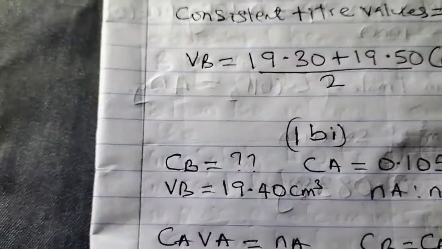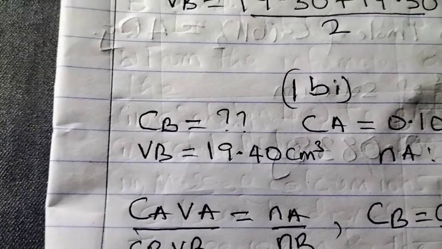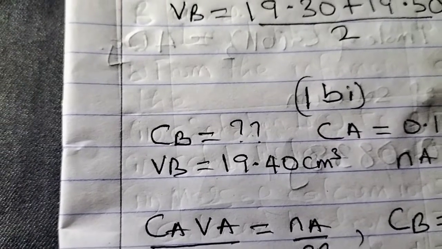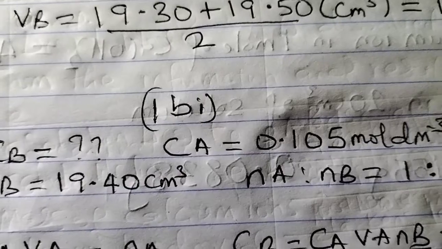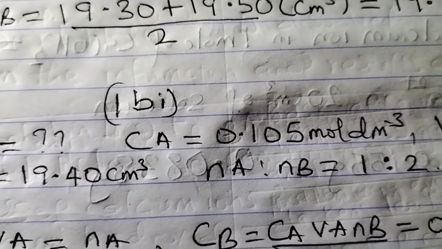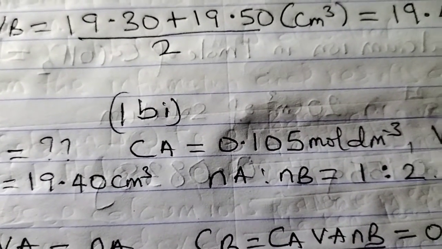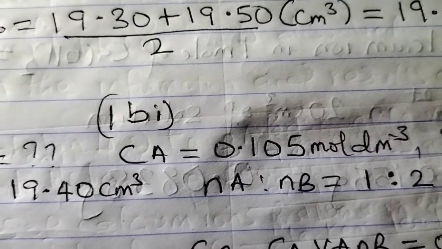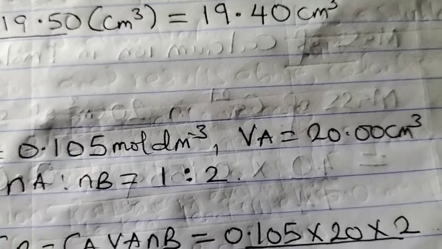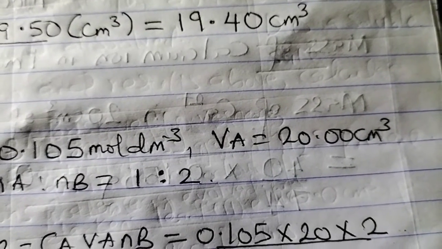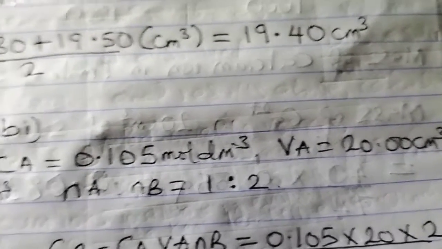So 1BI, we're looking for the concentration of B in mole per dm cube. The symbol is CB. CA is 0.0105, which is given to us in the question. And remember that A is calcium hydroxide. VA is 20.00 cm cube, which is also given in the question.